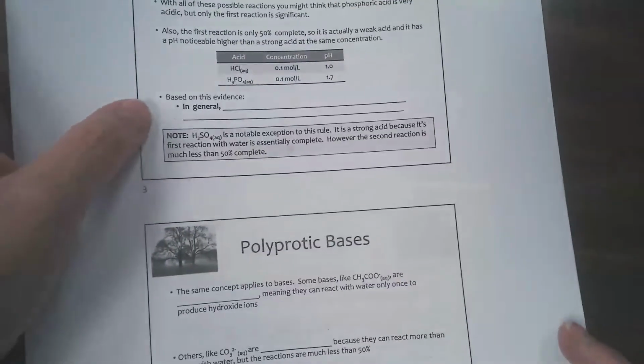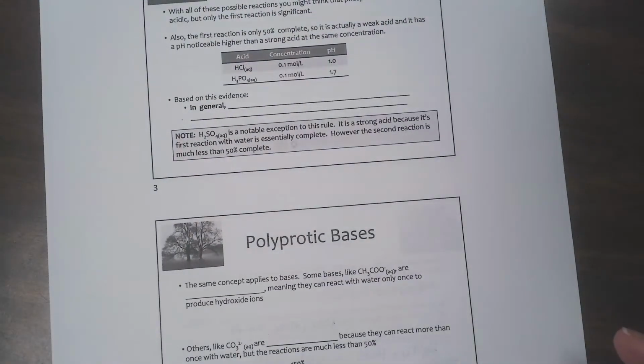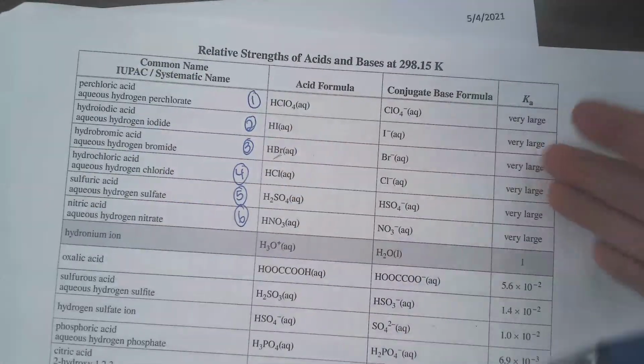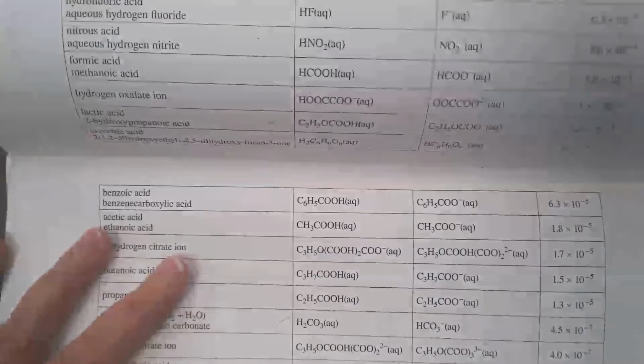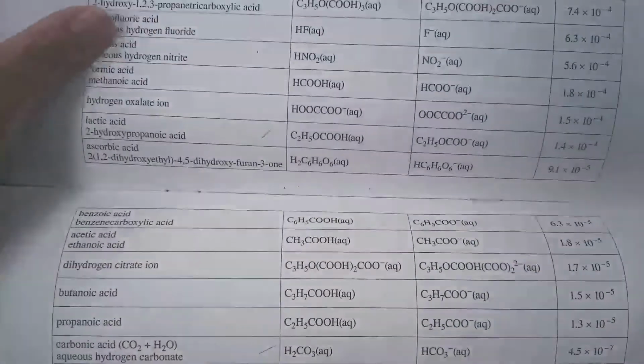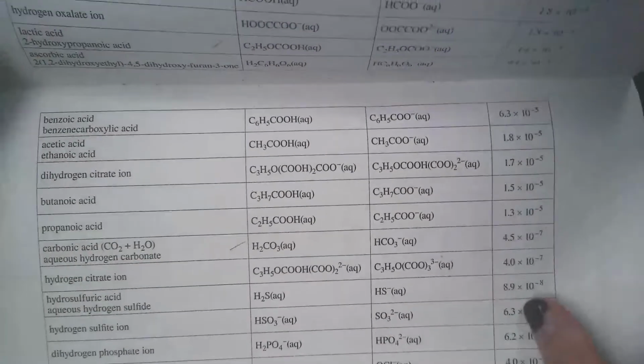Polyprotic acids. We think that phosphoric acid is very acidic, but it's only the very first reaction that comes to light. And if we go to page 8 and 9 of our data tables, strong acids, and the whole rest of the book is a weak acid. And when we look for phosphoric acid, we look right here.